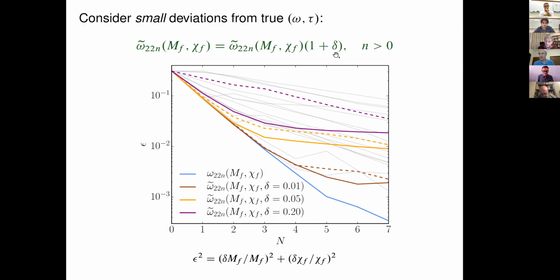In other words, if it were really true that all you need is some random collection of damped sinusoids, and as long as you had enough of them, you'd get a good fit. Well, is that true? And the answer is no. For a wide variety of perturbations, you always do worse than this line down here, which is the true solution with 7 overtones. So that's what I mean by experimentally, this is a valid procedure.